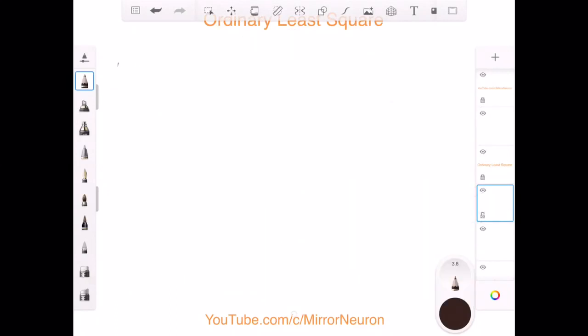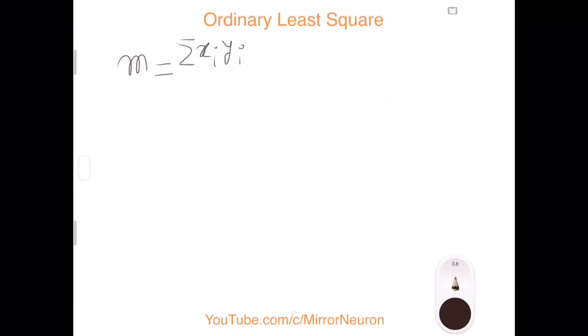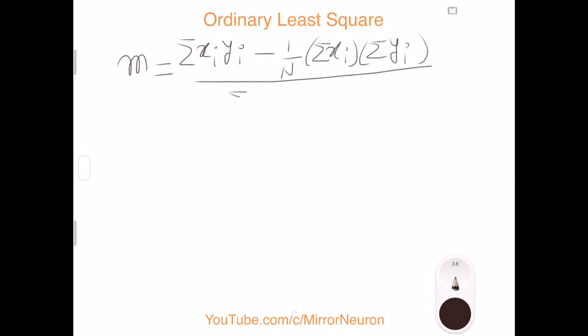So basically your m is equal to summation of xy minus 1 over n summation of xi times summation of yi, and eventually it will turn out why exactly we did all these messy calculations, divided by summation of xi square minus 1 over n times xi whole square.